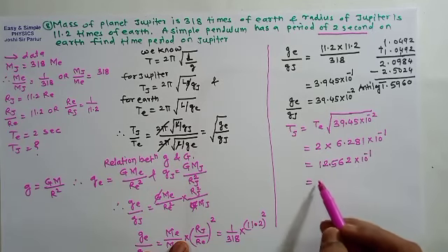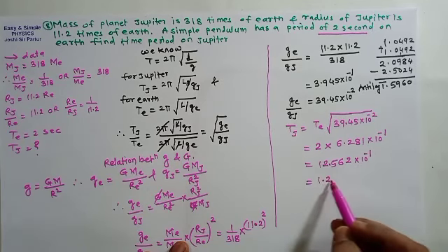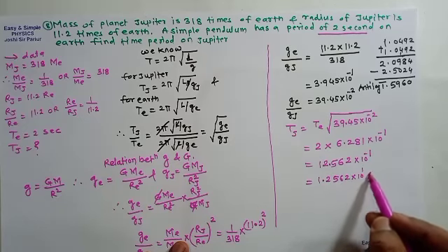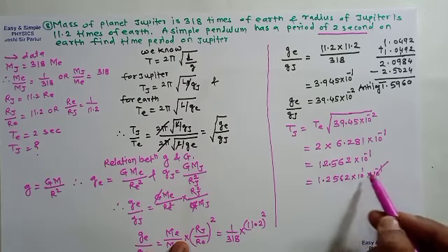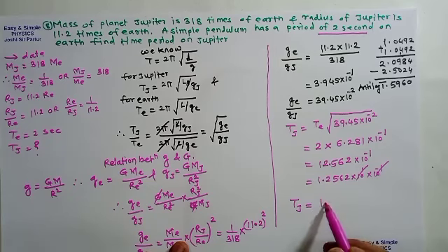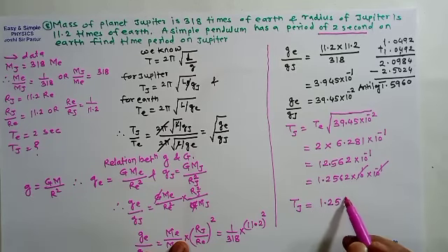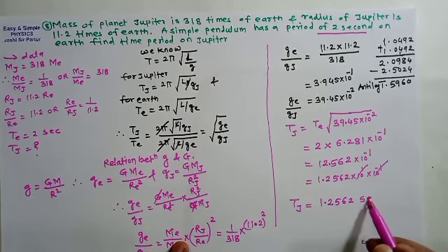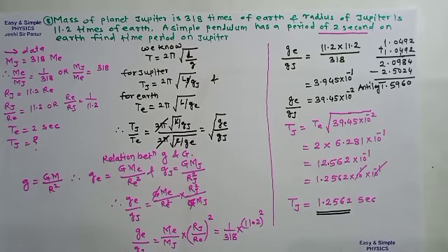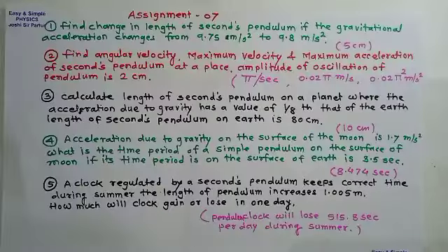If we shift the decimal point, it is 1.2562 into 10 raised to 1 into 10 raised to minus 1. It gets cancelled. So time period for Jupiter will be 1.2562 seconds. So time period on Jupiter will be less, it decreases as compared to the time period on Earth.